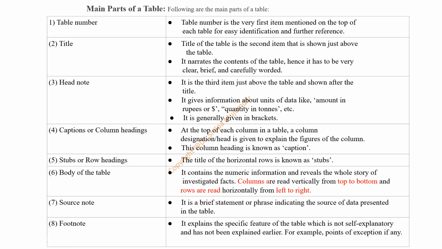You again add it after the table in the form of a footnote, and by using an asterisk you can add it, and it explains that this particular sign is for this particular thing. For example, points of exception, if any. I'm saying that this particular value is an exception, so there I can make the sign and put the meaning of that sign down.